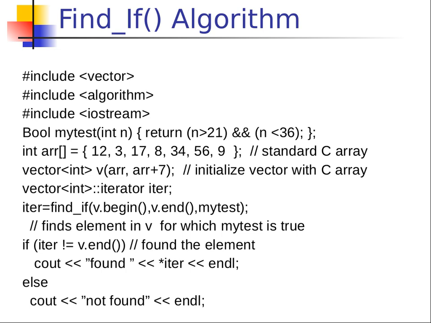Okay, so notice the Boolean my test, it's returning that the value has to be exclusively between 21 and 36. So iter find if finds an element for which b is true. And then if it found one, it prints it, otherwise not so much.